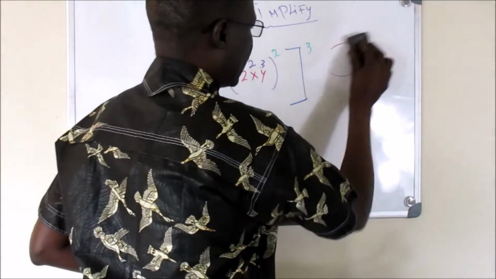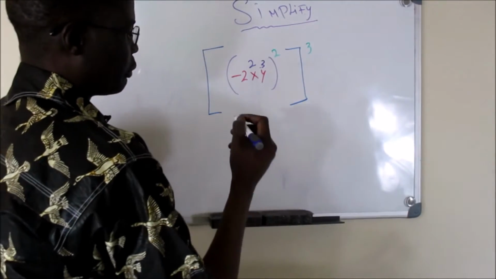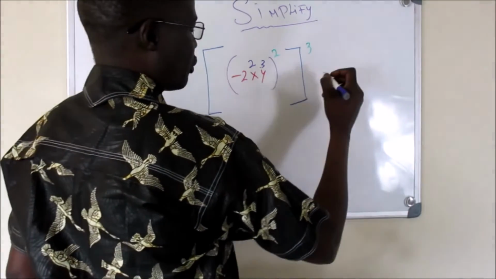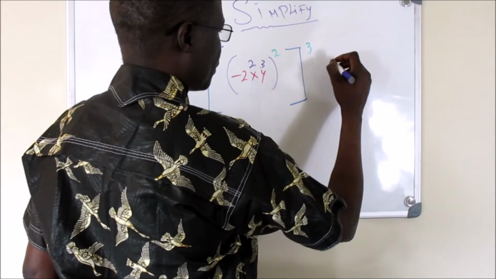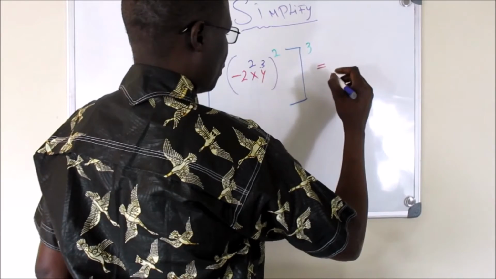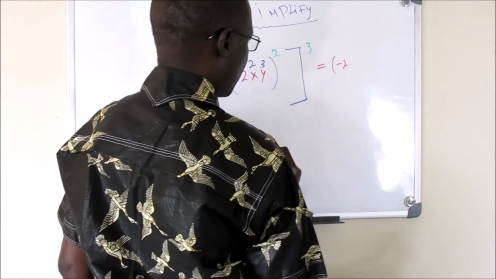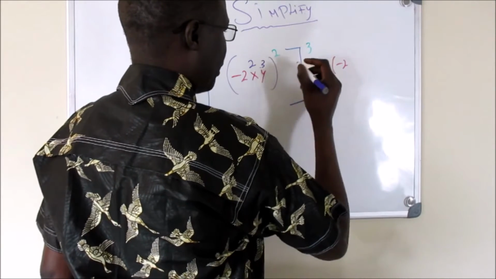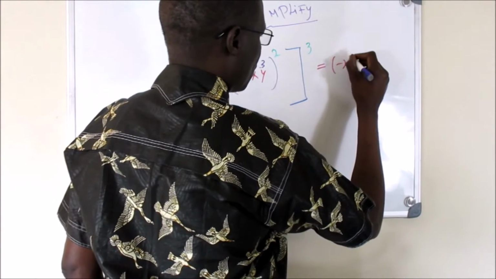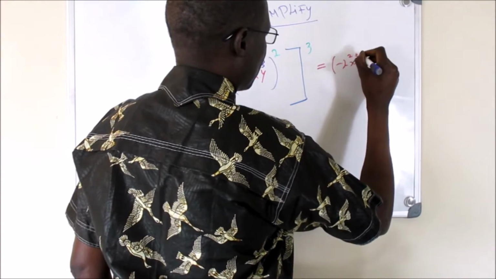So let's solve it with the first technique. The first thing you could do, it should be equal. So what we're going to do here is -2, and then X to the 2 times Y to the 3.